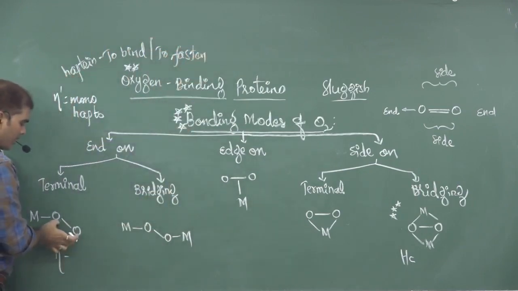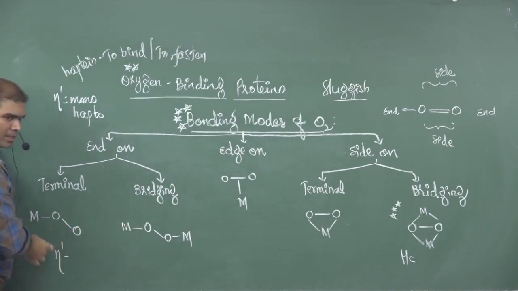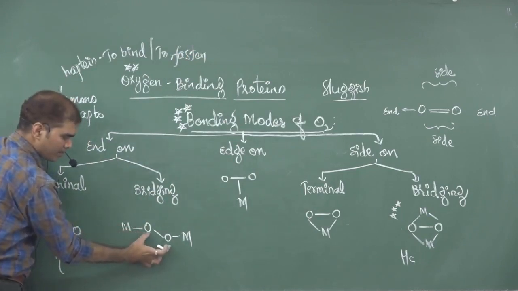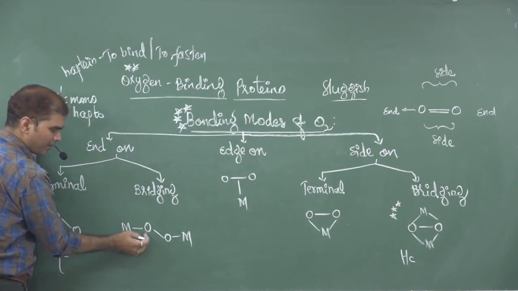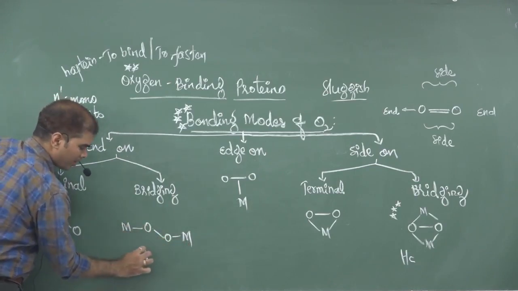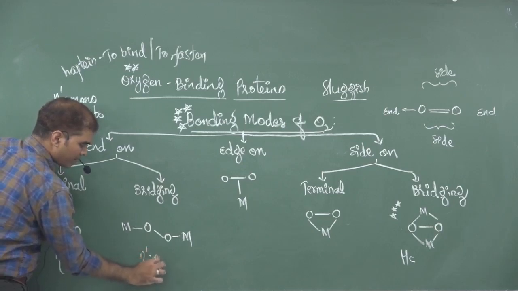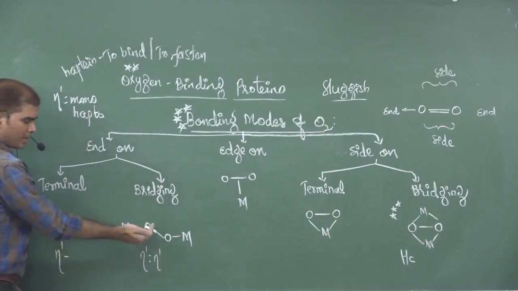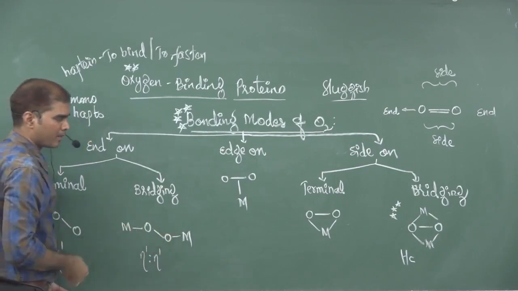So the number of atoms through which this ligand is binding is given by hapticity, eta. It is binding with only one donor atom, therefore eta 1. In this case, this ligand is binding with one donor atom to one metal, and the second donor atom to a second metal. I call it eta 1, eta 1. This is eta 1, this is also eta 1.